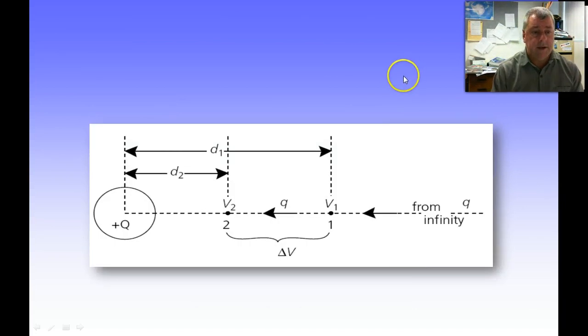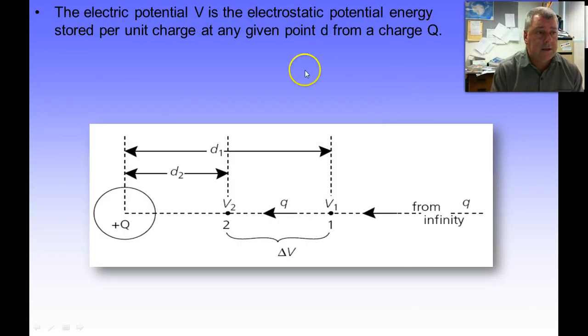So here we have a diagram. Let's explain it. The electrical potential V is the electrostatic potential energy stored per unit charge at any given point D, from a charge Q. So there's our charge Q. There's our distances. We're moving it from V1 to V2. Now V is not velocity, it's voltage or potential.